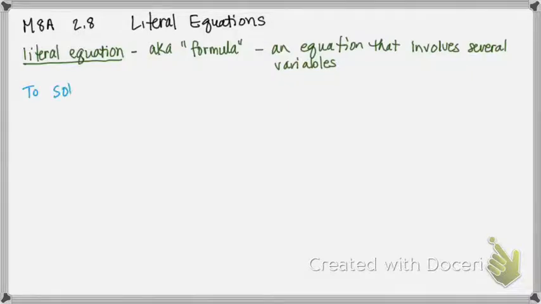To solve a literal equation, kids pretty much understand how to get x alone, but when you've got an x, a y, a z, and a w all together, how do you do math with variables? You're going to find out it's really not that much different from doing a normal equation.